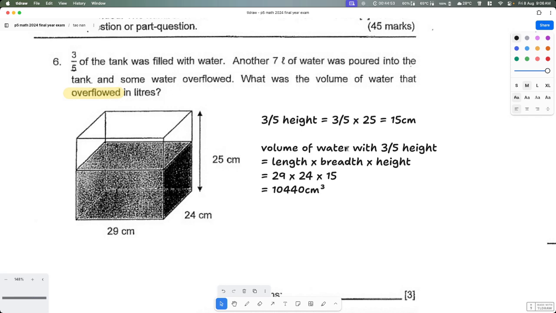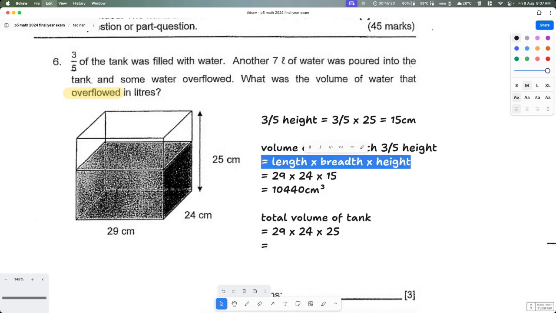Then what is the total volume of the tank? It is equal to, in this case, 25 instead. I'm going to put length times breadth times height just for good measure.